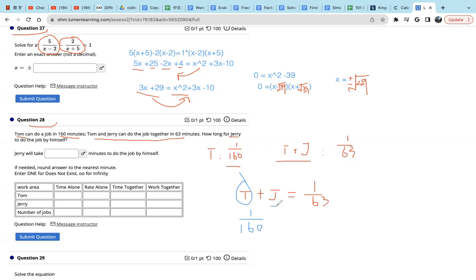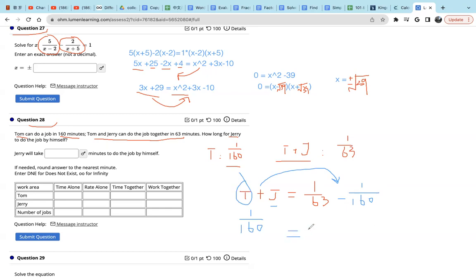So Jerry's speed will be, we just move this 1/160 to the right-hand side, or subtract 1/160 on both sides. Same idea. So Jerry's speed would be the subtraction of those two numbers.